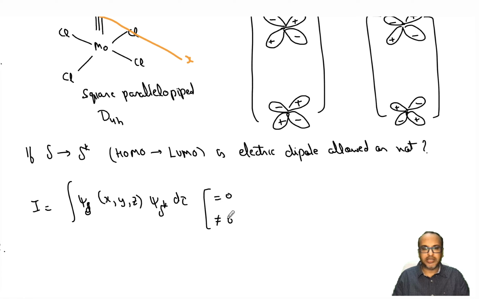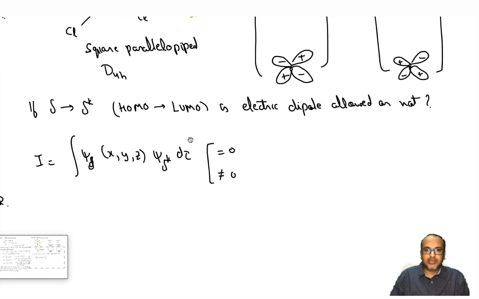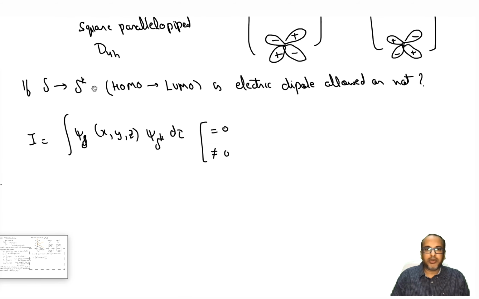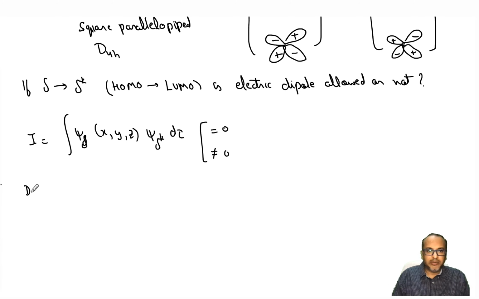We have to identify this. So what do you do in such a case? What you have to do is first identify what is the basis for these orbitals under the D4h point group. Okay, so D4h point group, let me write down the symmetry elements.